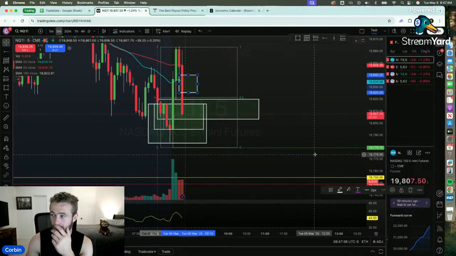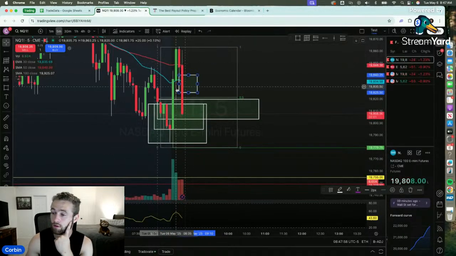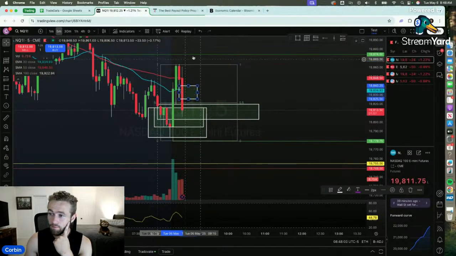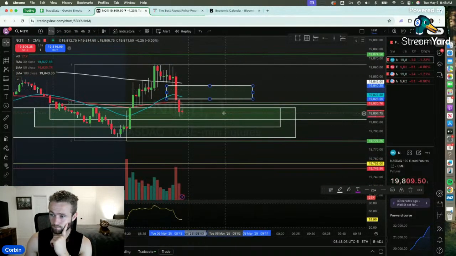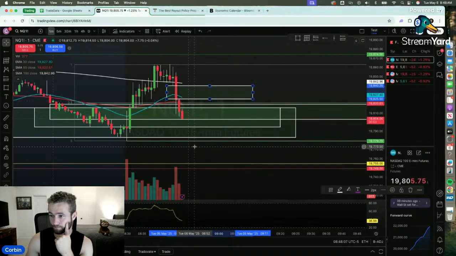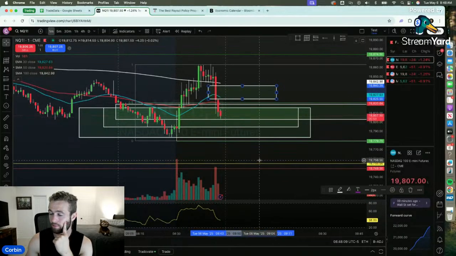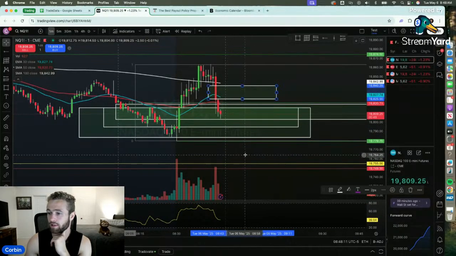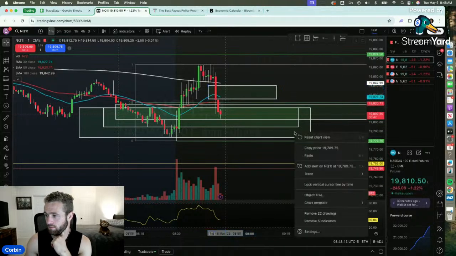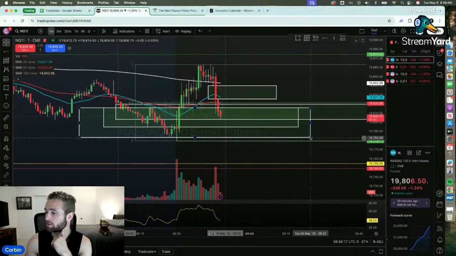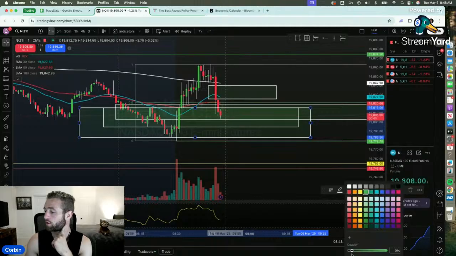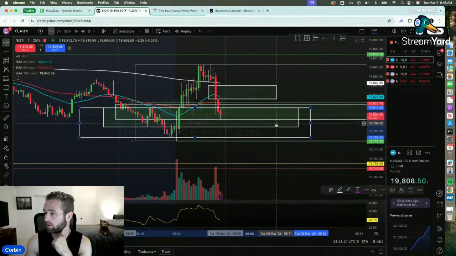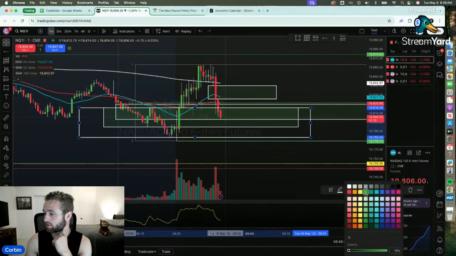I still have 3 minutes before I can place a trade, so we'll see what this candle can do by then. But yeah, we have a clear trend to the downside. I need to make these more transparent just so I can see it a little better.